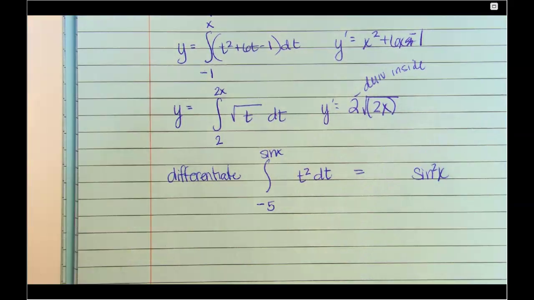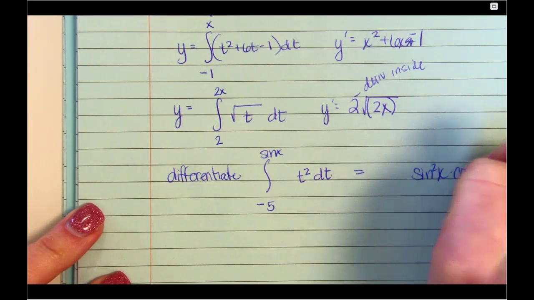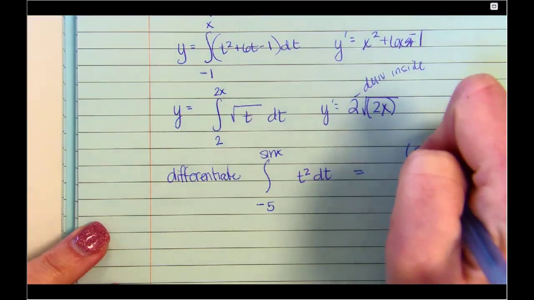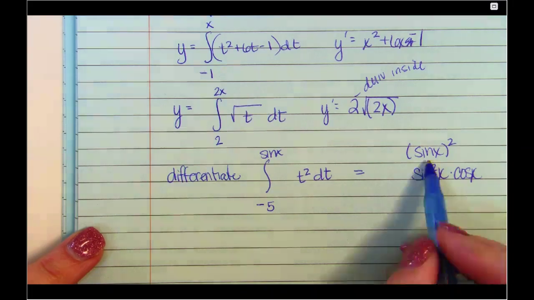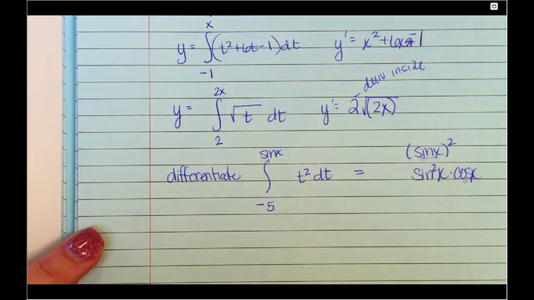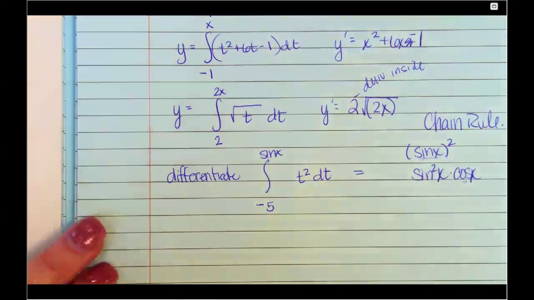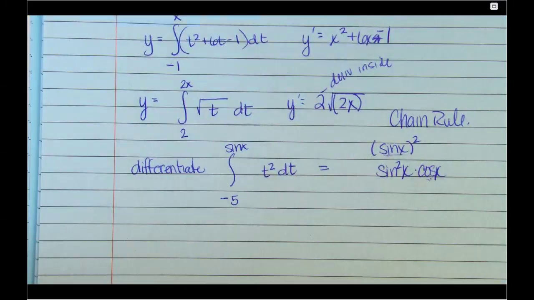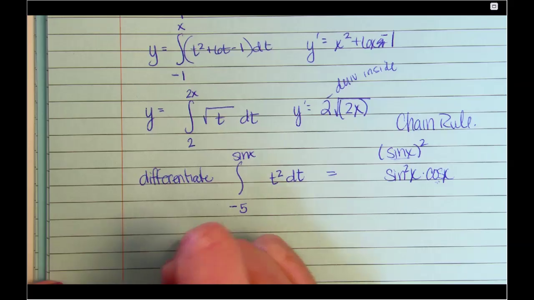Sine x squared times cosine. It's sine of x squared times the derivative of what you put on the inside. Derivative of inside sine is cosine. So don't forget the chain rule. Chain rule always comes back. It always comes back. Calculus is one of those classes where all of the things still play into it. So it's a bad idea to take a break between calculus classes.